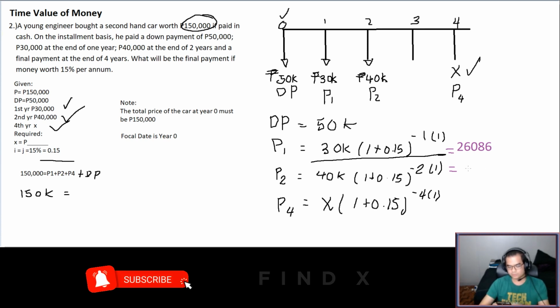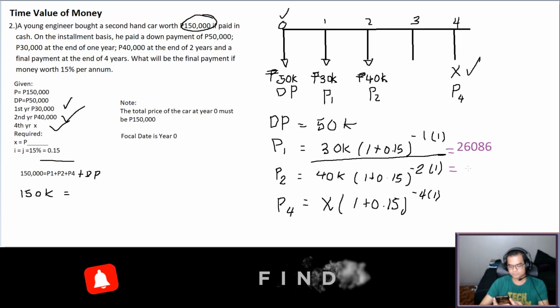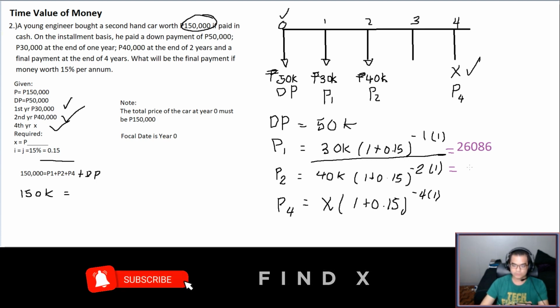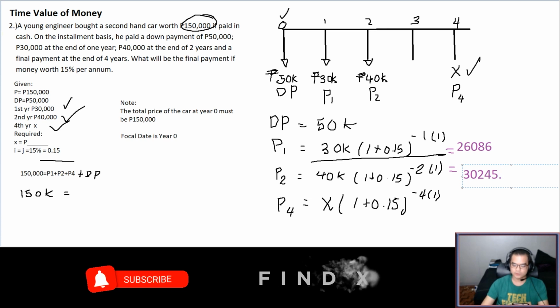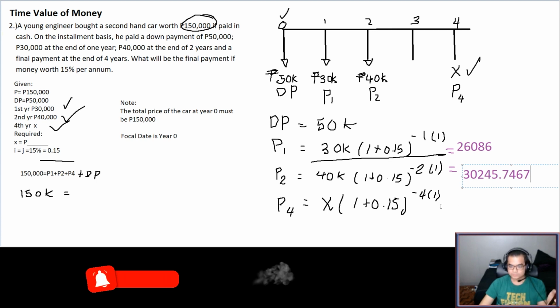And then the next one will be 40,000 raised to negative 2, which is 3245.7467. Oh, there you go. And then this is as is.